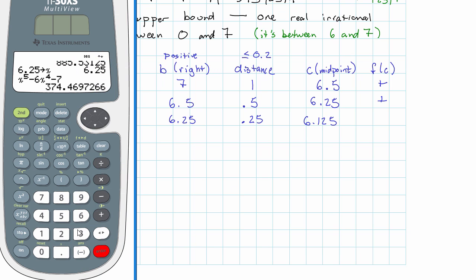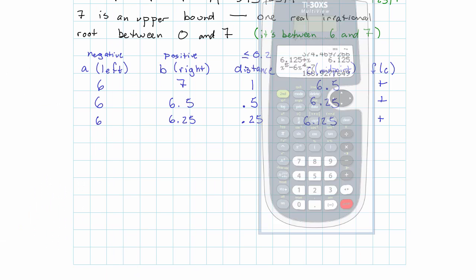So 6.125, store that in x, grab my polynomial again, and we still got something positive. 6.125 is going to be our new right endpoint.